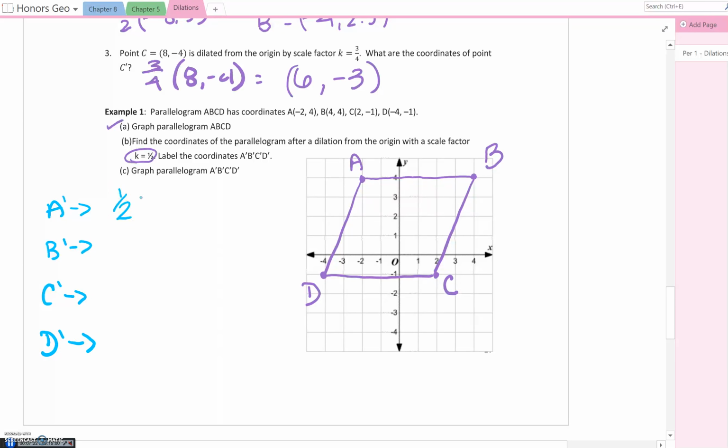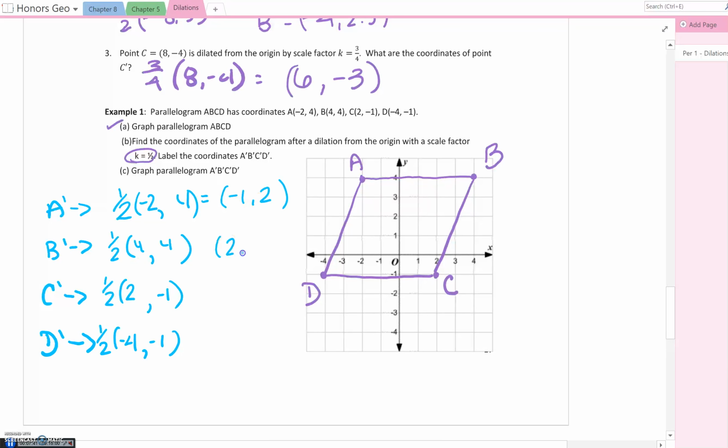And then I'm going to take half of all of these coordinates. (-2, 4), (4, 4), (2, -1), (-4, -1). So when I take half of all of these, I would get (-1, 2), (2, 2), (1, -1/2), and (-2, -1/2).